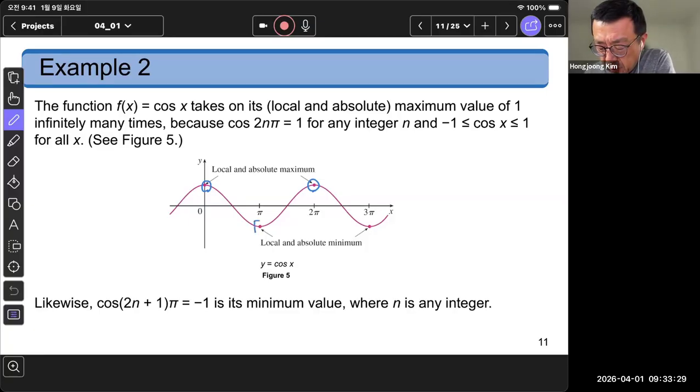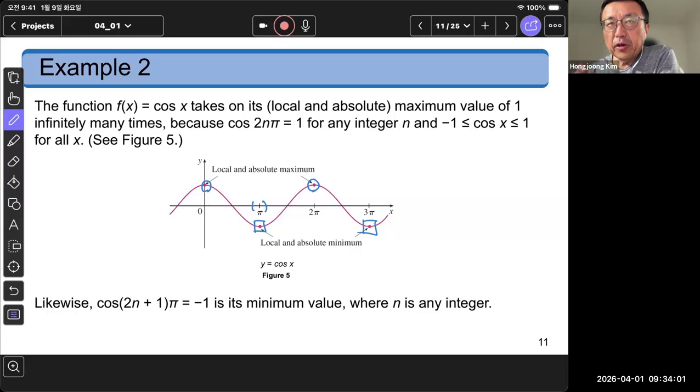And these negative 1 values are local minimum and absolute minimum. This is a local minimum, as you can see, because I can find an interval around the point on which negative 1 is the smallest value, and it is an absolute minimum because we cannot find any value smaller than negative 1 for cosine x.